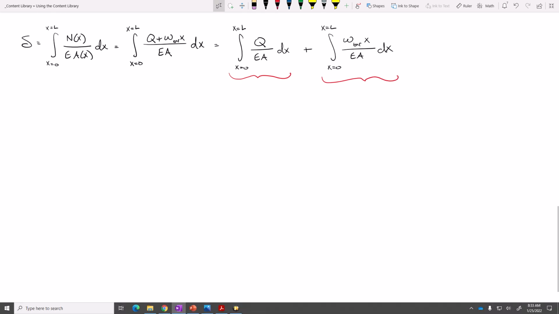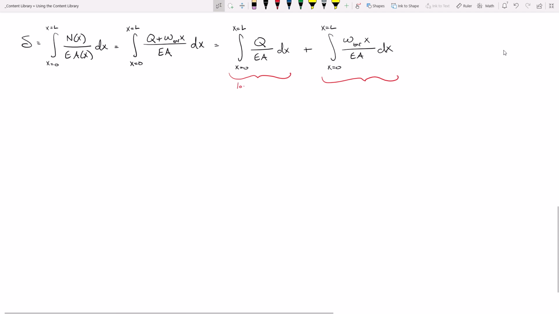I want to look at these two integrals. This integral, the load, hold on, is constant. The load is variable. Why is that important? I want you to pay attention to this integral on the left and see what happens.